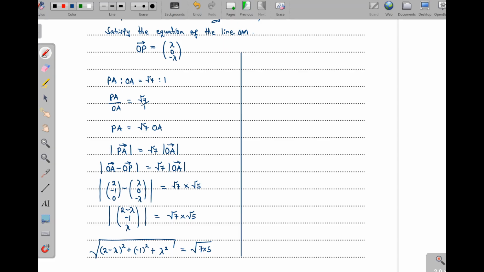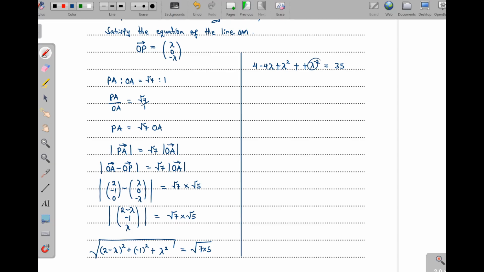Now, here we are going to open up the brackets. So we shall have a 4, then square this. I mean, this one will be 2 times this times that. That is minus 4 lambda. Then square this one here. You get lambda squared. Then plus a 1, then plus lambda squared. This one will be equal to 35.